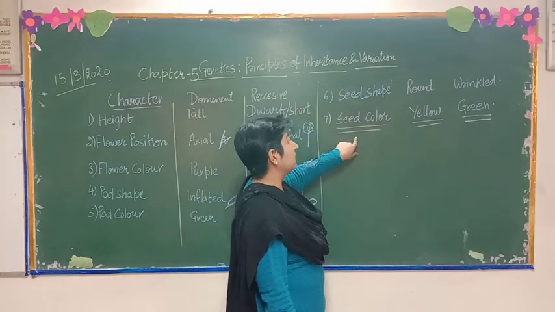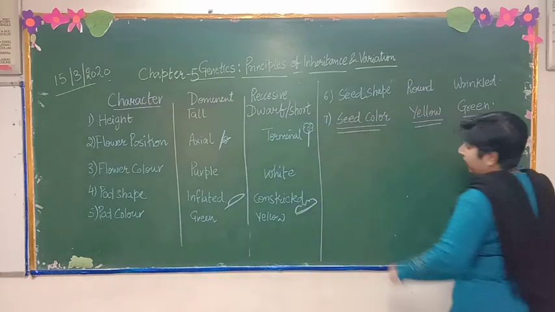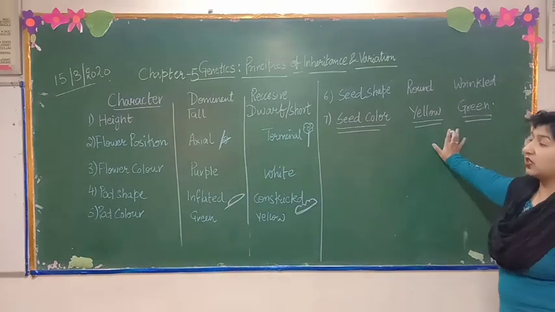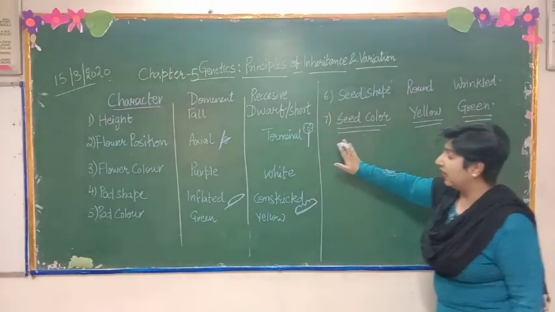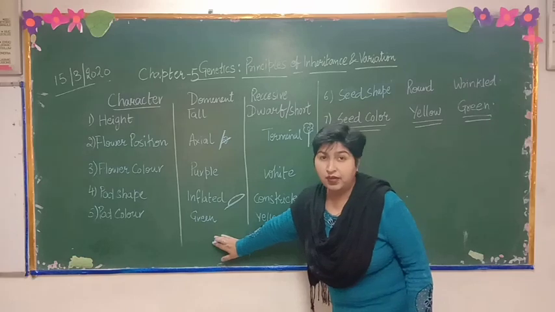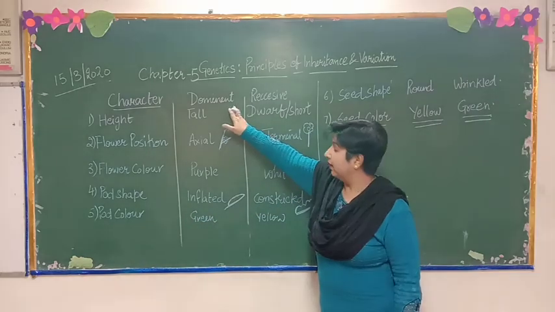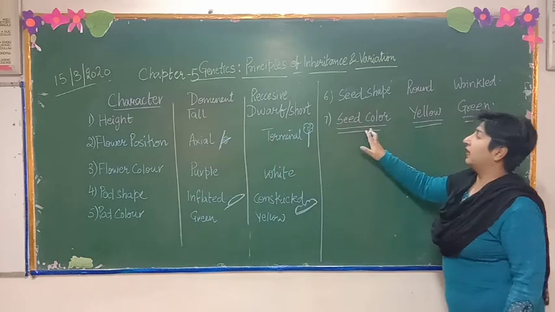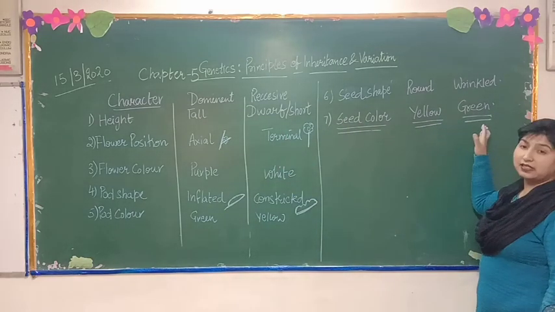The last character is seed color. This is a little confusing because generally the question is asked between seed color and pod color. In pod color, green is the dominating character, but in seed color, yellow is dominating and green is recessive.